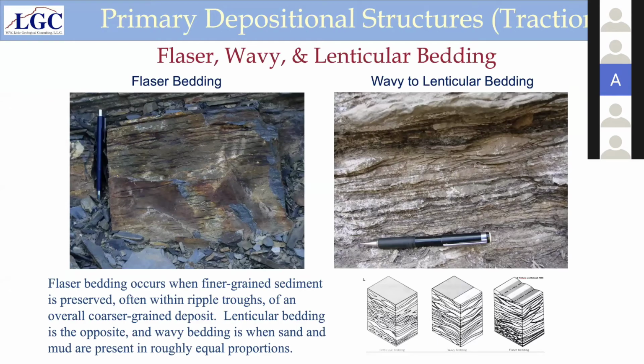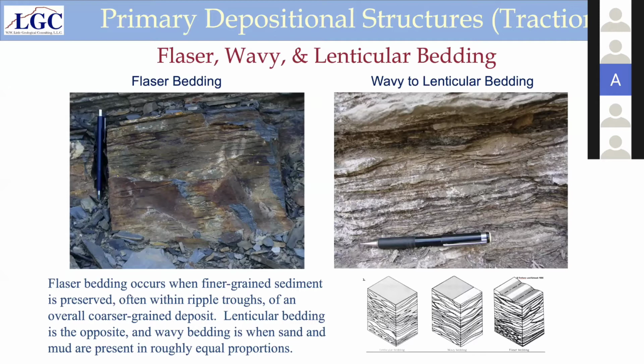Okay, another type. You notice that there are an awful lot of these types of ripples that are so associated with tidal environments. Another set of terms that pertain to ripples: Flaser, wavy, and lenticular bedding. We use these terms when the deposit is, another word is heterolithic. Heterolithic means that it's composed of more than one grain size. In most cases, we're looking at mud and sand.